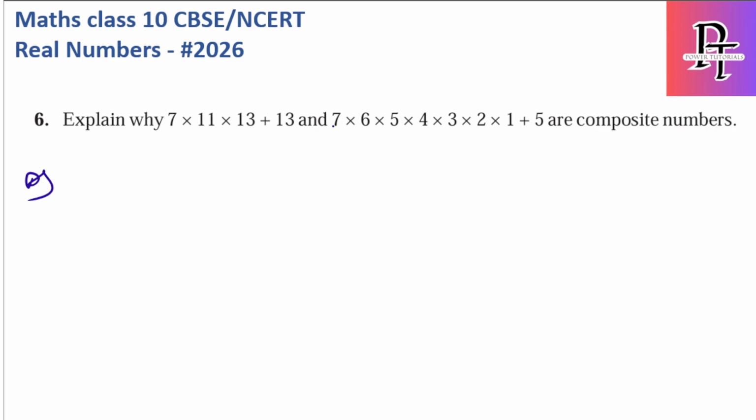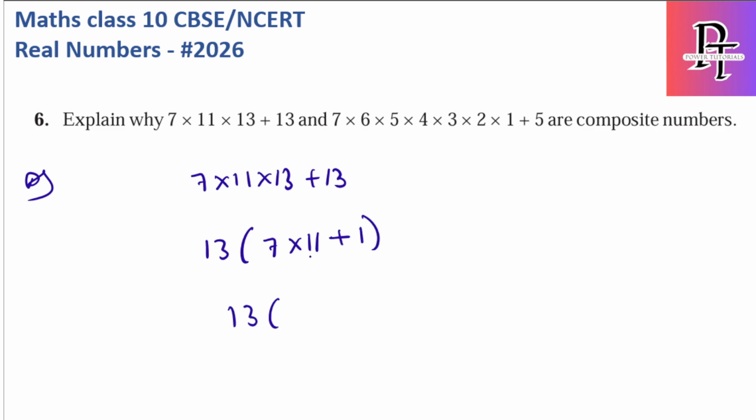Okay, let's see the sixth question. Explain why these two numbers are composite numbers. Let's do it one by one: 7 into 11 into 13 plus 13. If you notice, 13 is common. Taking 13 common, I get 13 into (7 into 11 plus 1), which is 13 into 78, since 7 into 11 is 77 plus 1 is 78.